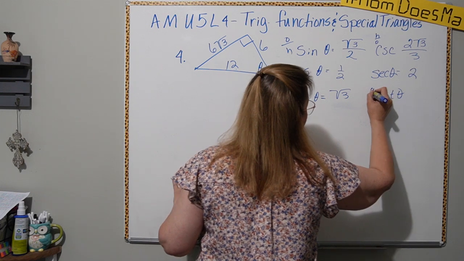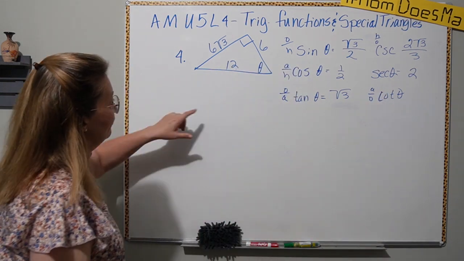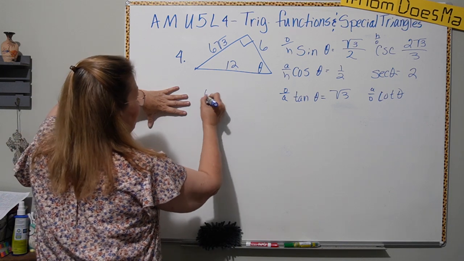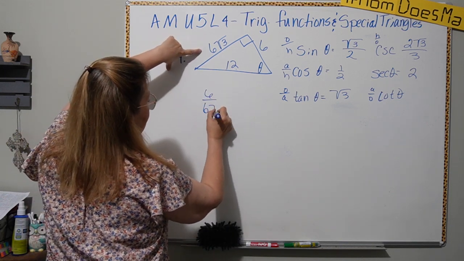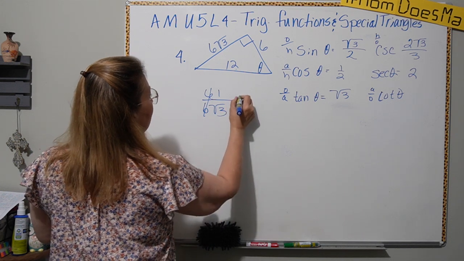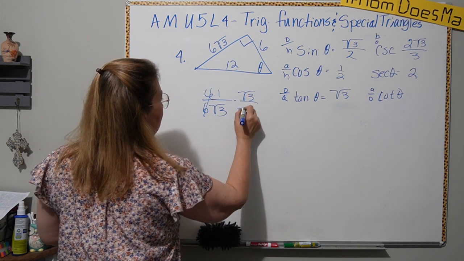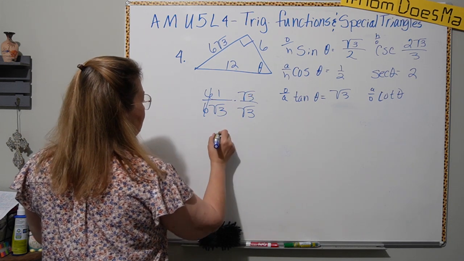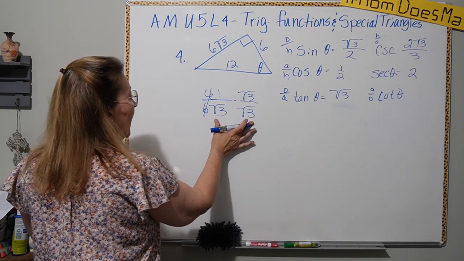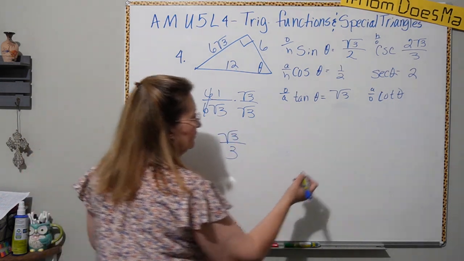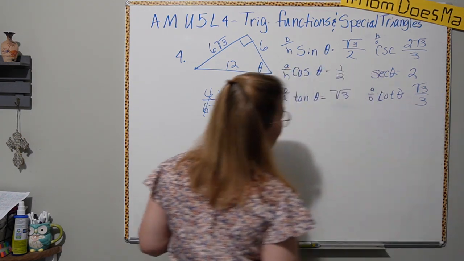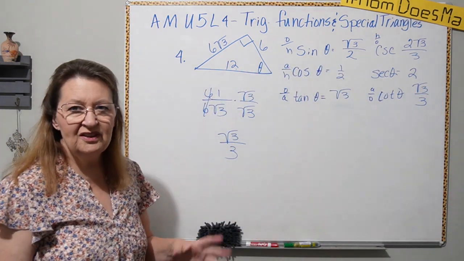And if I did it this way, if I said the side adjacent, which is 6, over the side opposite, which is 6 square root of 3, yep, I'm going to have to rationalize either way. So I'll do square root of 3 over square root of 3. That gives me square root of 3 on top. 3 times 3 is square root of 9, which is 3. So we have square root of 3 over 3. So it gets a little messy, but you just got to pay attention.